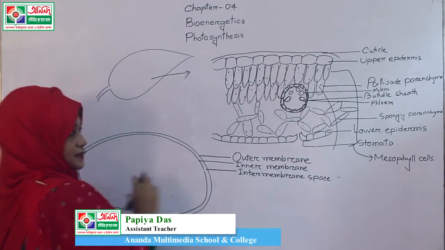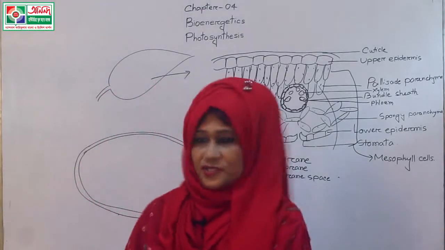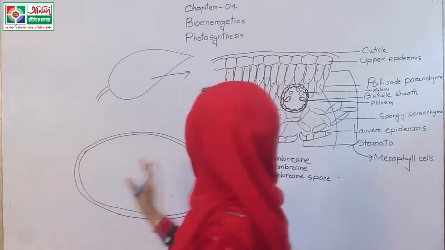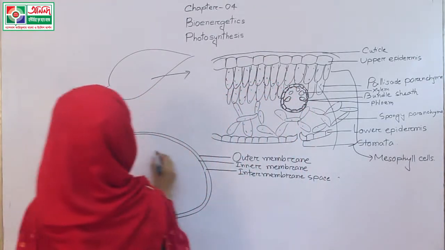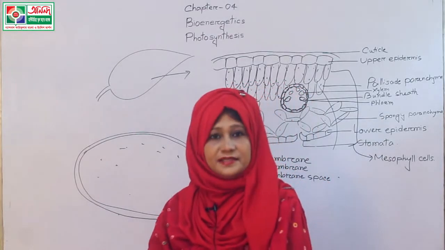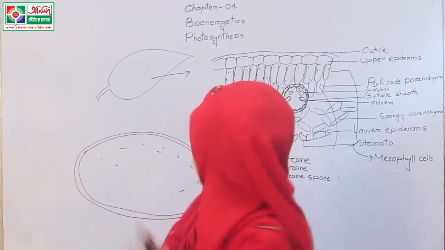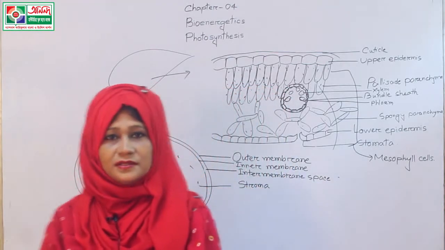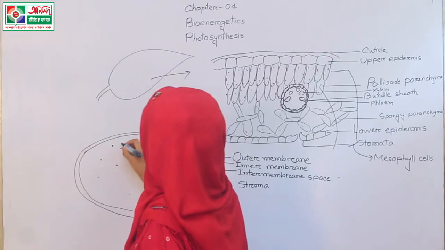and the membranous structure, actually this is a membranous structure. This membranous structure is filled up with what? Jelly-like structure, and this jelly-like structure is known as the stroma. In the jelly-like structure, there are lots of ribosomes.